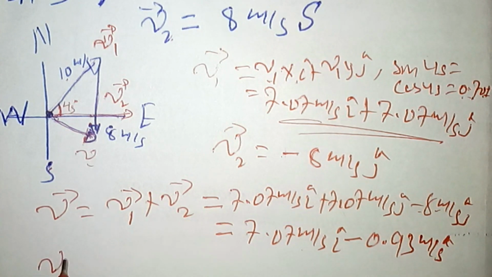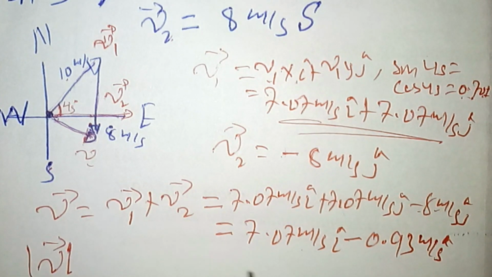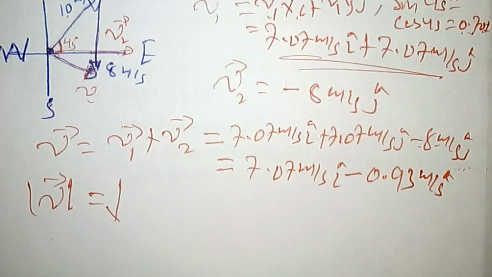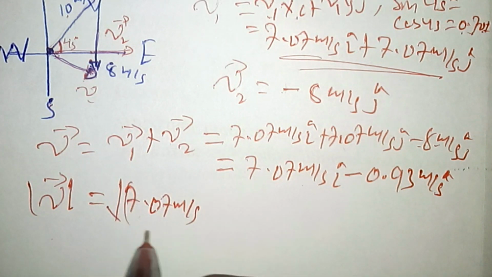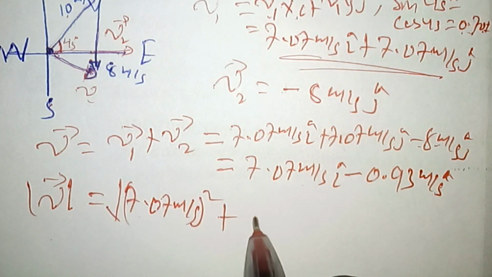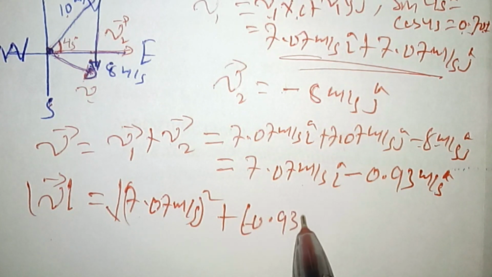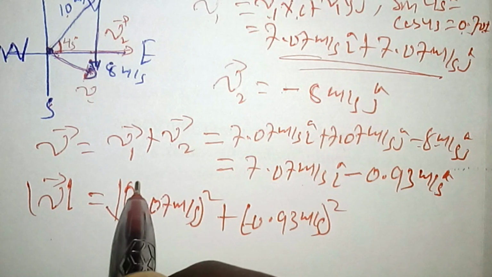So then the magnitude of the resultant velocity is the square root of (7.07 meters per second) the whole square plus (minus 0.93 meters per second) the whole square.